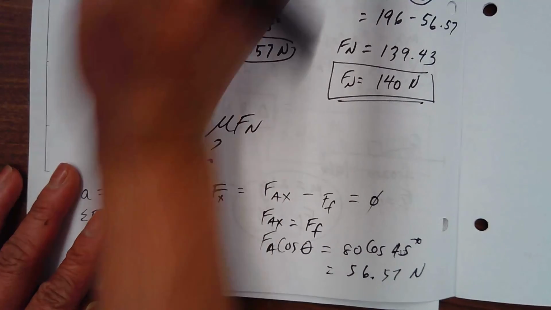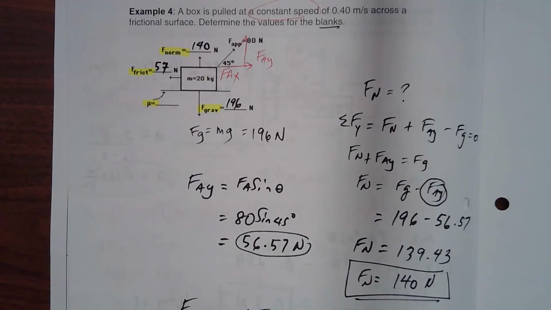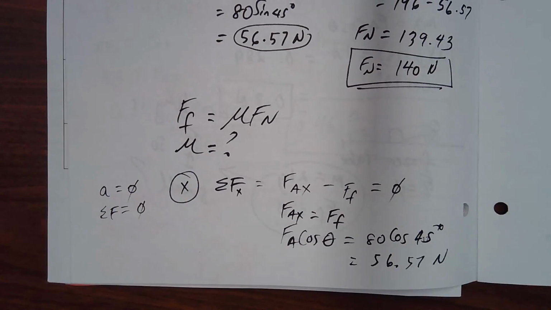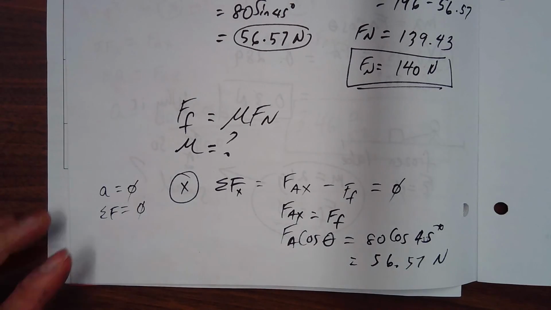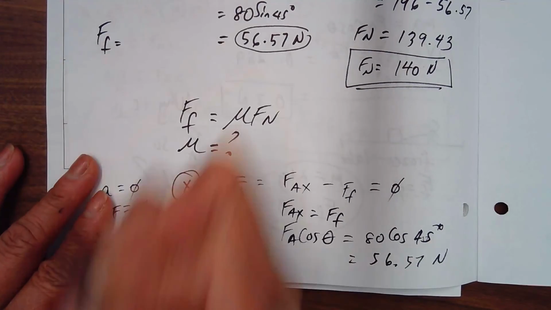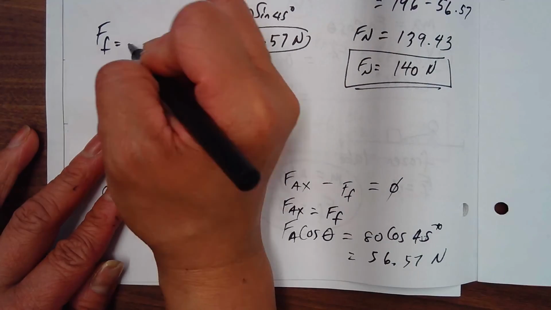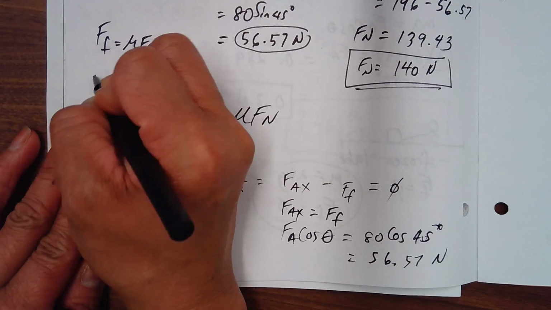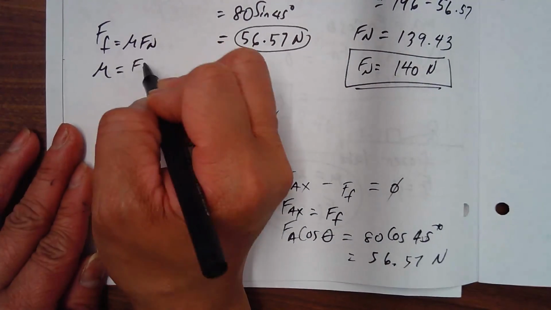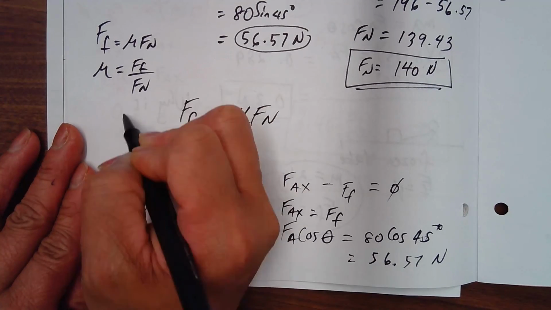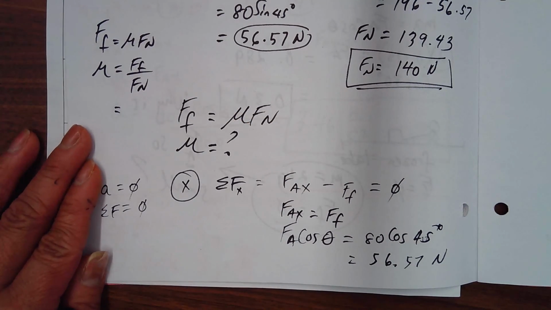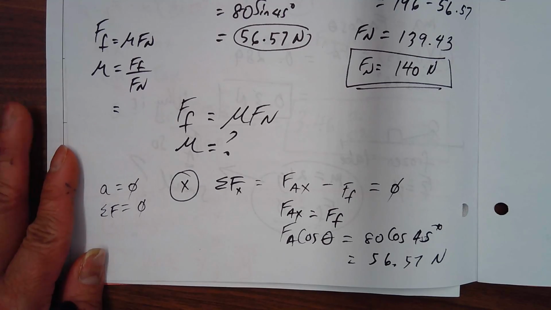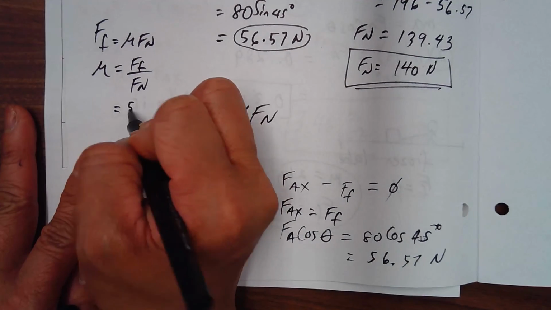So we got one more to do, and I think you know how to do the last one. Frictional force is equal to mu F of N, and you're solving for mu. So frictional force divided by F of N. So what's our frictional force again? 57 divided by 140.